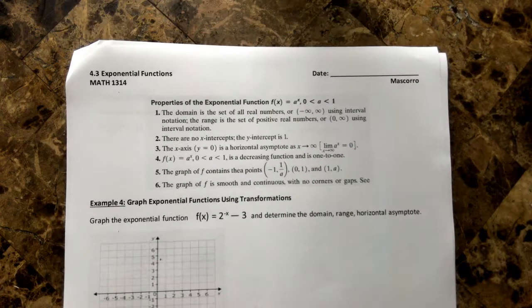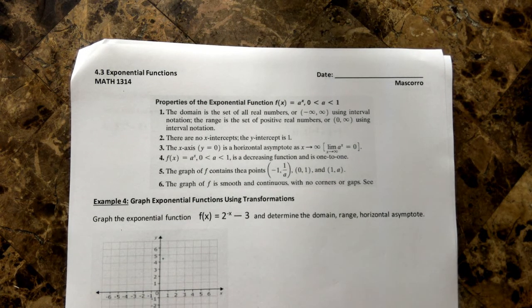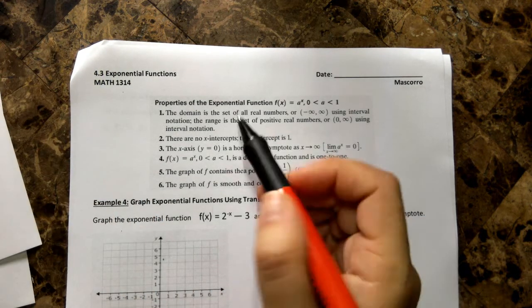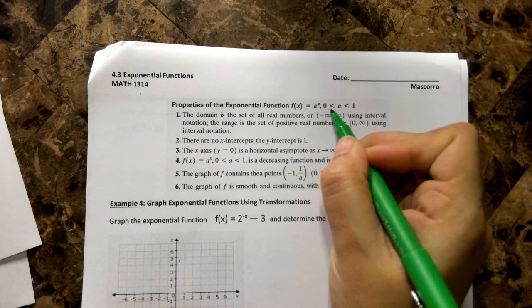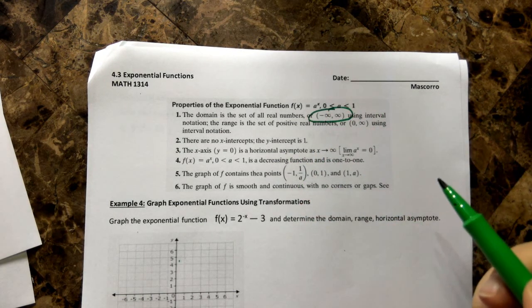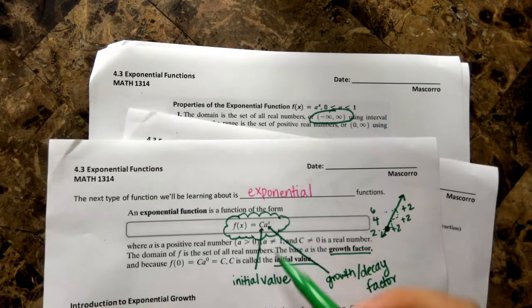All right, up here at the top of these notes, I went ahead and created some properties that apply to all exponential functions. The first one is that the domain is the same for all exponential functions, and that's that the domain will always be -infinity to infinity, or all real numbers. It pretty much means that for all exponential functions, you can use any x value.